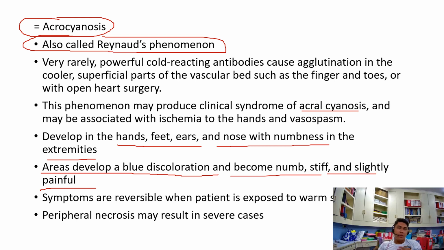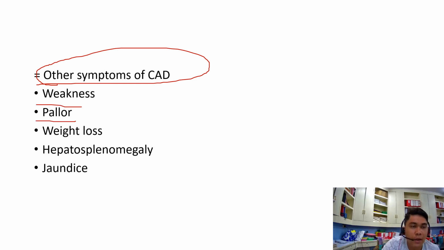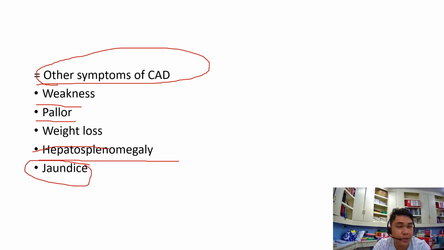So the reason for acral cyanosis, acrocyanosis, or Raynaud's phenomenon is the cold agglutinin. Okay? Next, other symptoms of CAD: you have weakness, pallor, weight loss, hepatosplenomegaly, and jaundice. So there's jaundice because of the destruction of your red blood cells due to the presence of autoantibodies.